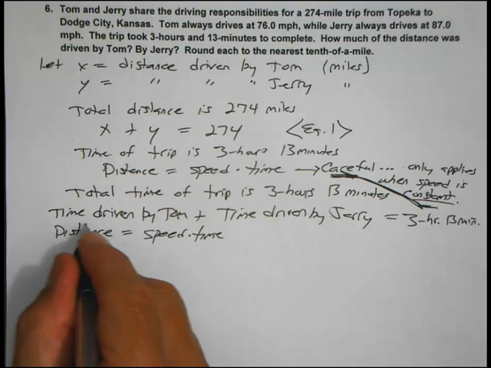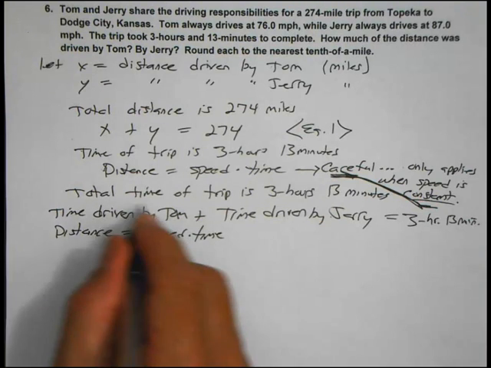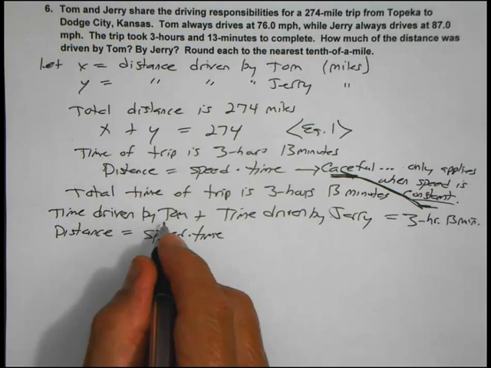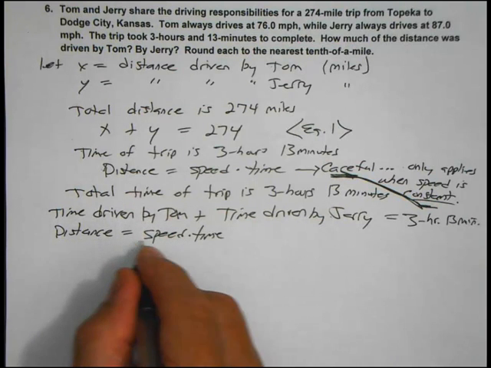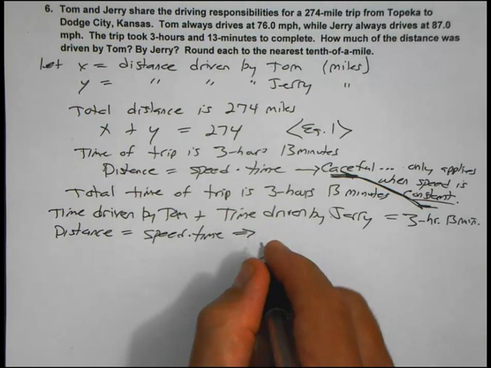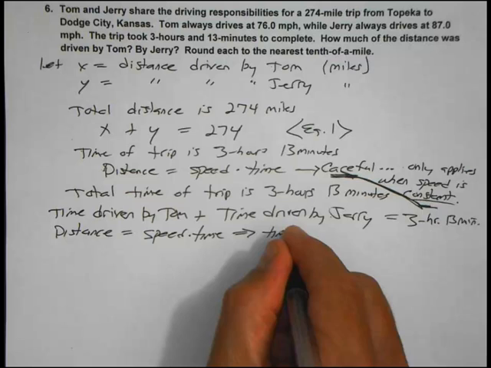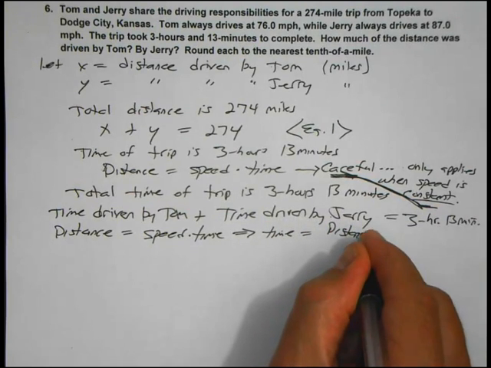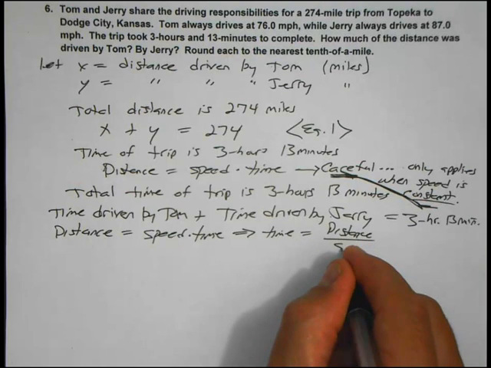At least over Tom's driving, the speed is constant when we only consider that situation. And so distance equals speed times time can be rewritten to say that time is equal to distance over speed.